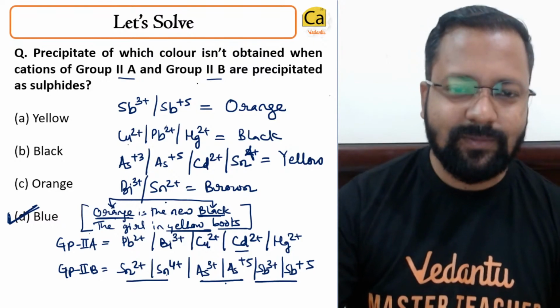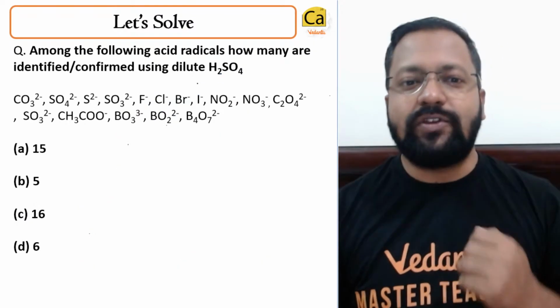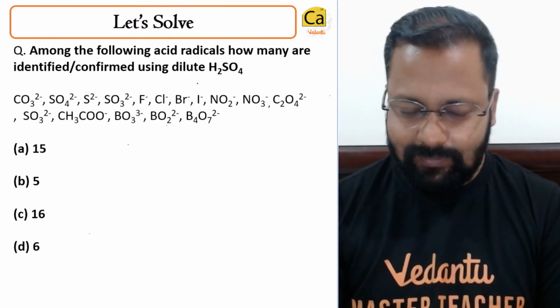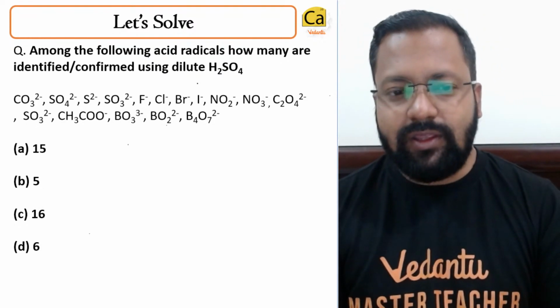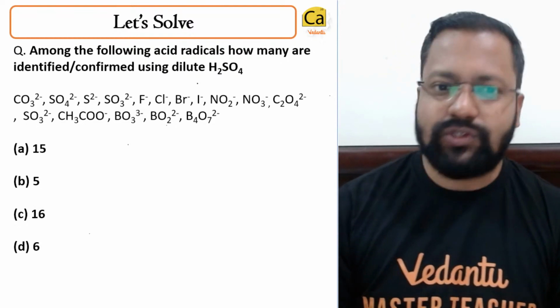Okay? Chalo. Let's go on to the next question. Among the following acid radicals, how many are identified or confirmed using dilute H2SO4?